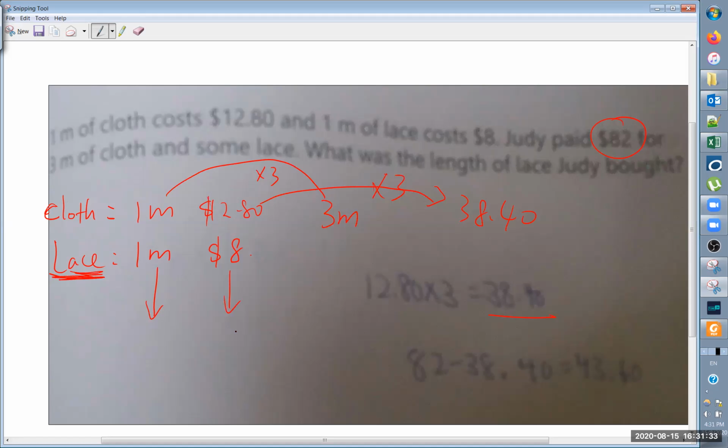Now the question says the person used $43.60 for the lace. Then I ask, how long is the lace? You ask yourself, from here to here, increase by how much?